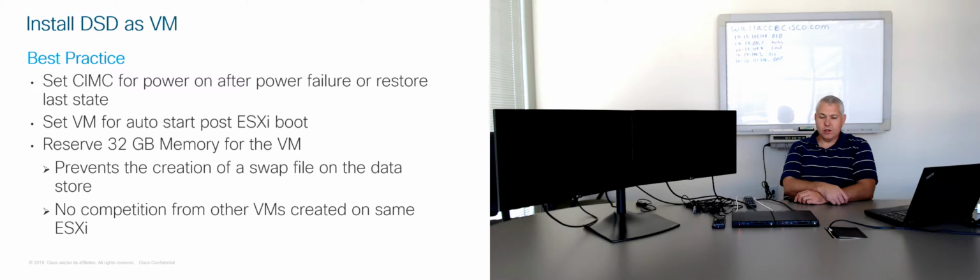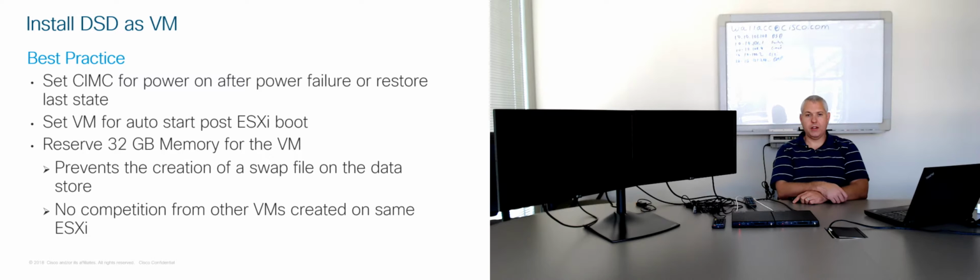Best practice, so SIMC, by default, when you get a C240 server out of the box, it is set to have the power off if you were to lose the server during a power failure for some reason. And this is problematic because if you have ESXi running and you got the C240 and you lost power to your data center, when it came back on, it wouldn't boot ESXi.